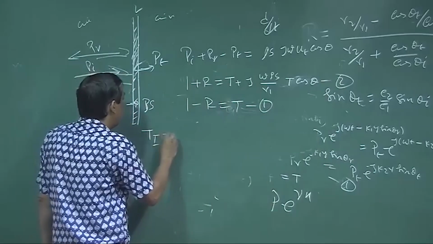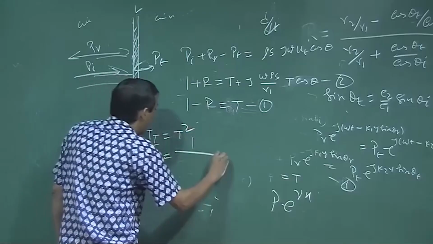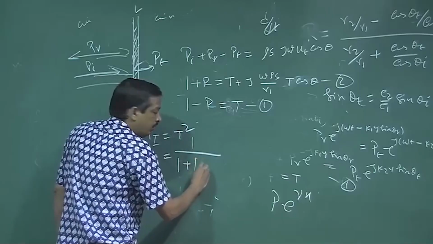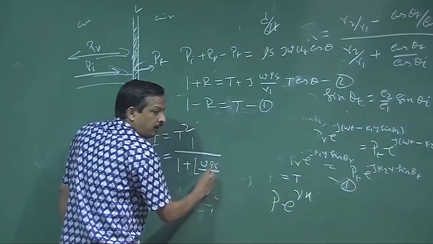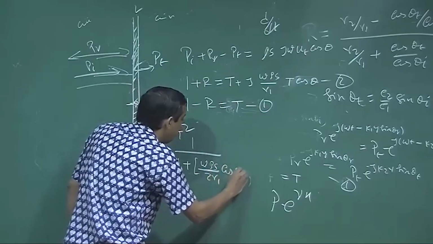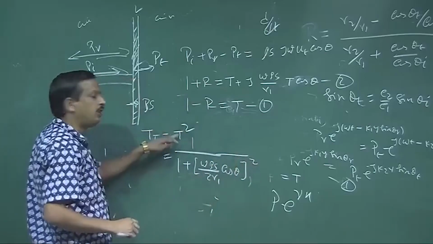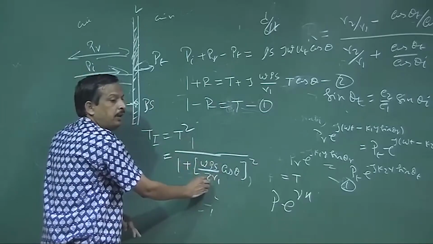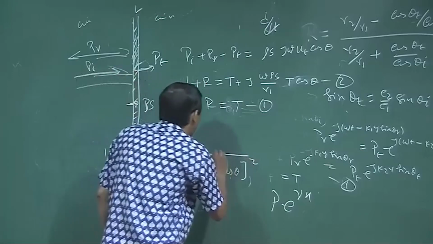Ti, which is nothing but T square, which is nothing but 1 by, if you calculate it, 1 plus omega rho s divided by 2 R1 cos theta, whole square. So, Ti will be T square, which is 1 by 1 plus omega rho s divided by 2 R1 cos theta, whole square.